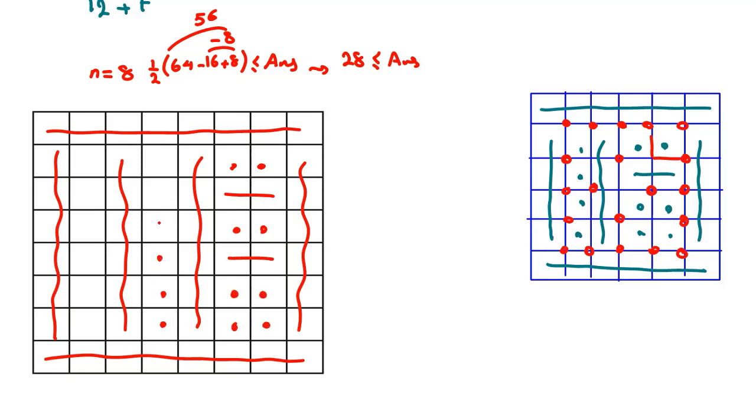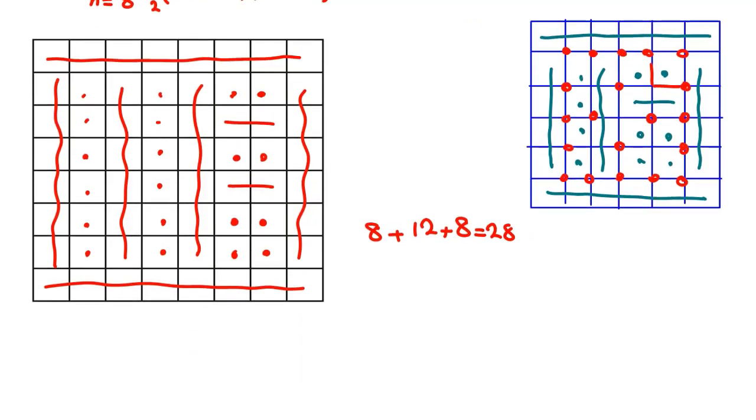Okay, and the others are like this. So it will be 1, 2, 3, 4, 5, 1, 2, 3, 4, 4 horizontal, 4 vertical, 8 plus. How many ones? 1, 2, 3, 4, 5, 6, 12 plus 2, 4, 6, 8. It's 28 and we proved it.